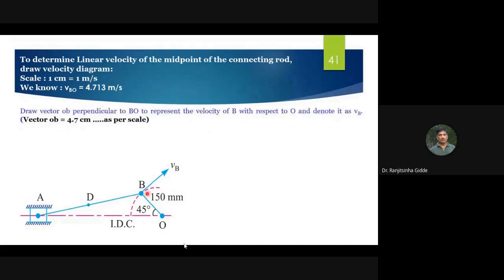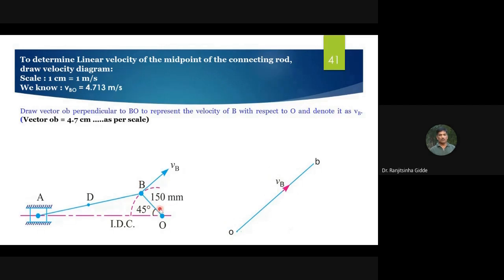Then with respect to this link, we need to draw one vector which is perpendicular to this OB. So this VB indicates the velocity of B relative to O, and we have drawn this OB perpendicular to this link.